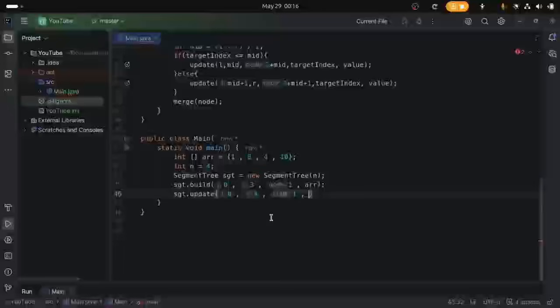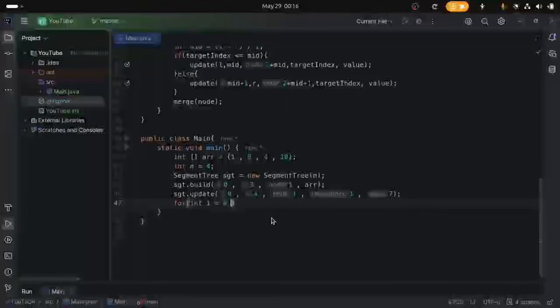So my target index is 1 and the value I want to put is 7. And let's again put things out here, not print, I just want to print sgt off.